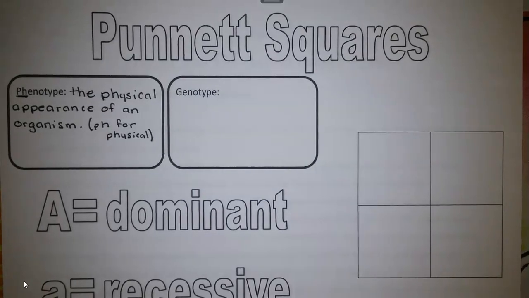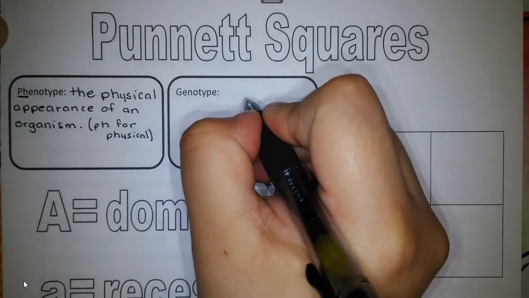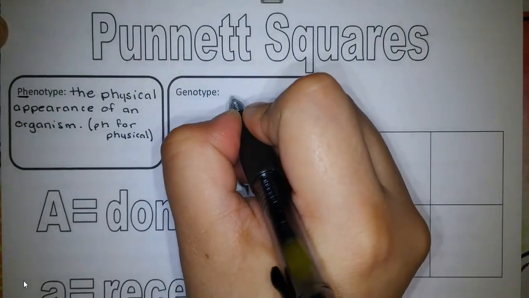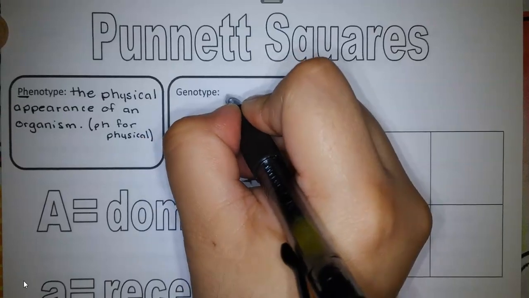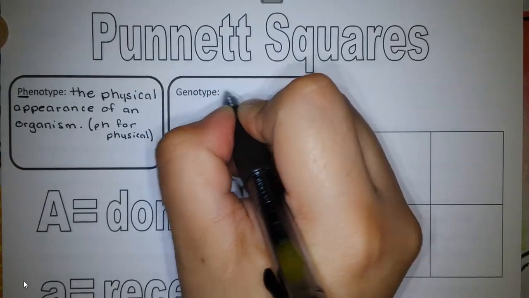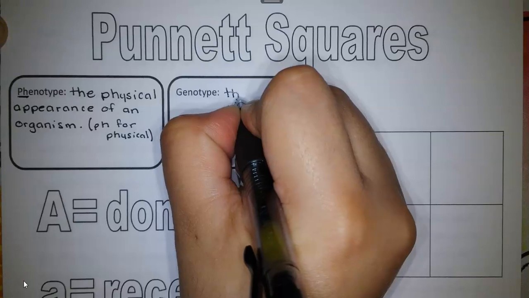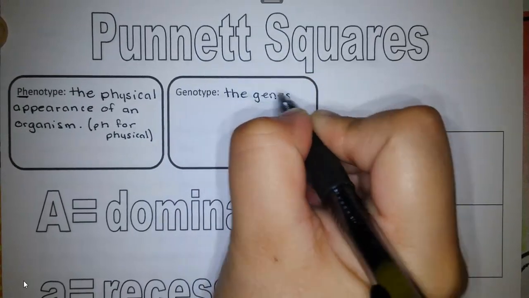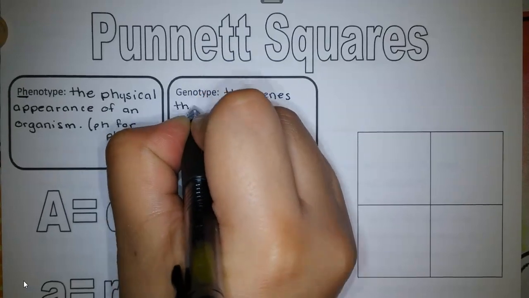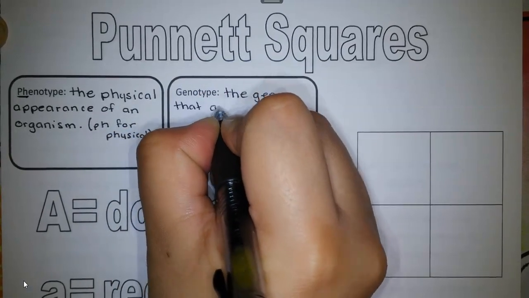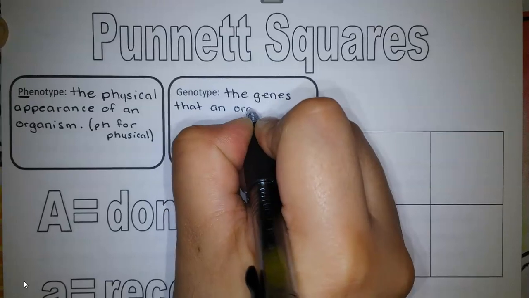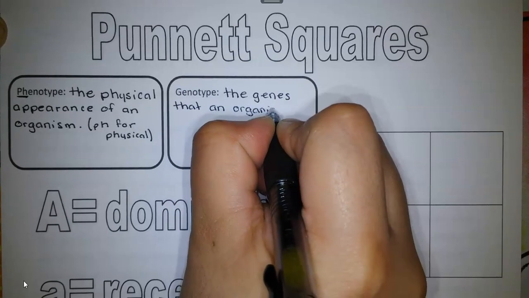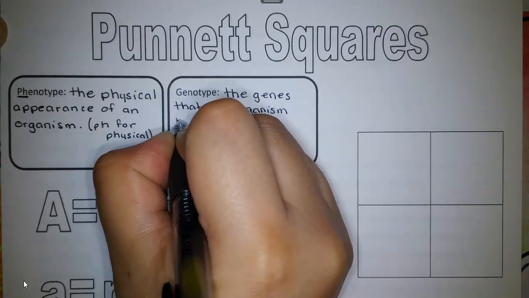Now, for genotype, it is the genes that an organism has. So, the genes that an organism has.